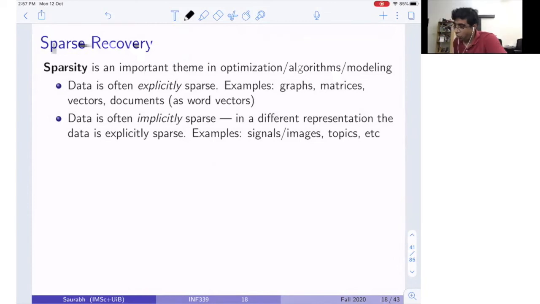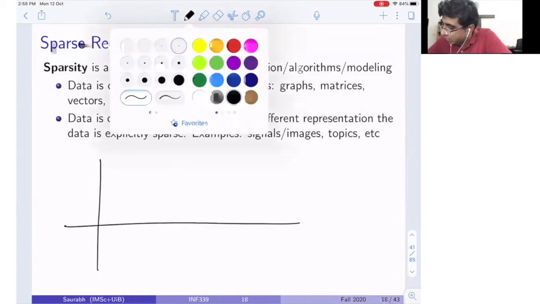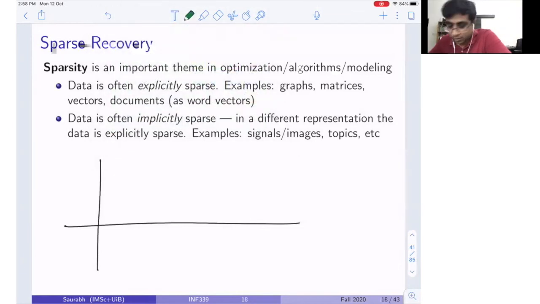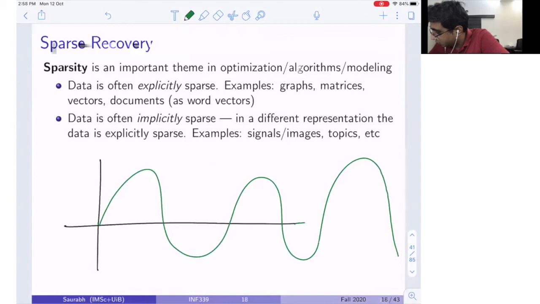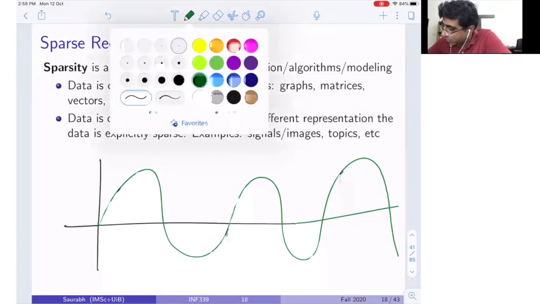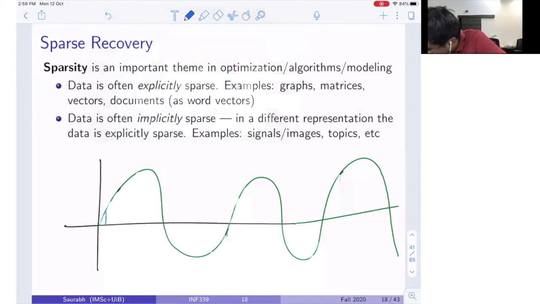And data is often implicitly sparse in a different representation. For example, in signal processing, you have sine waves. How do you represent them?